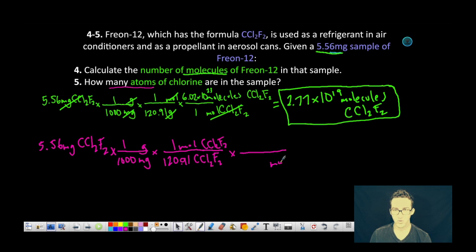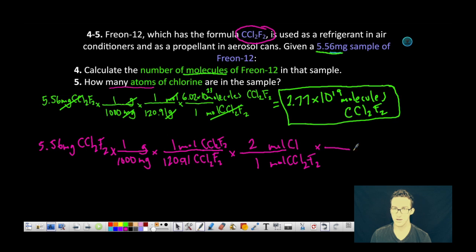And here's where we're going to change. We're going to go from moles of CCl2F2 to moles of Cl. And so as you look at your formula for CCl2F2, for every one of these, there are 2 Cl's. Again, that just comes from the formula that's given to us in the problem.